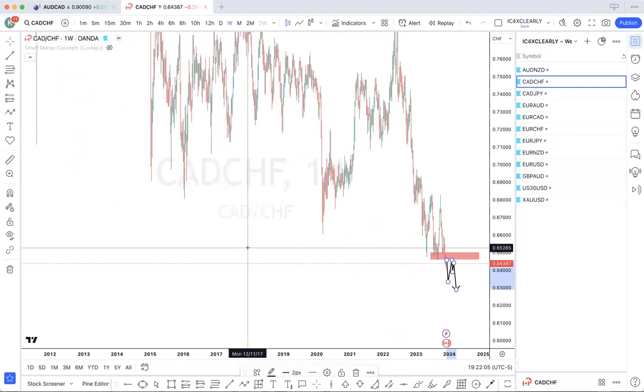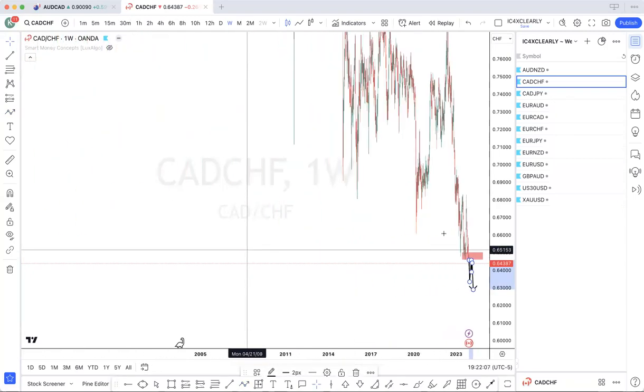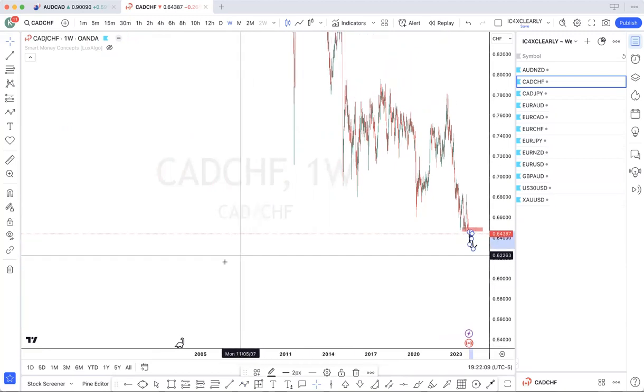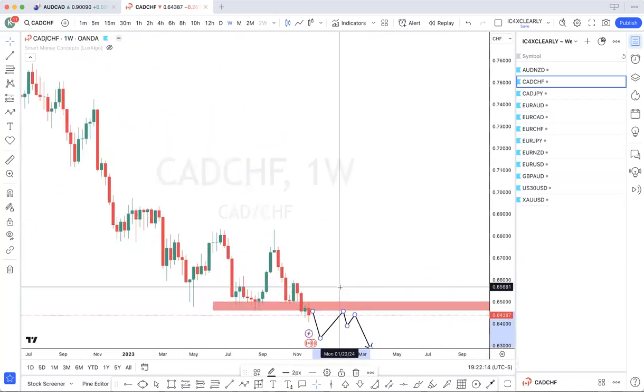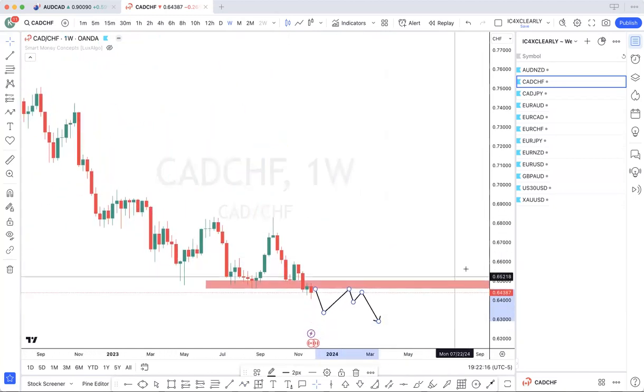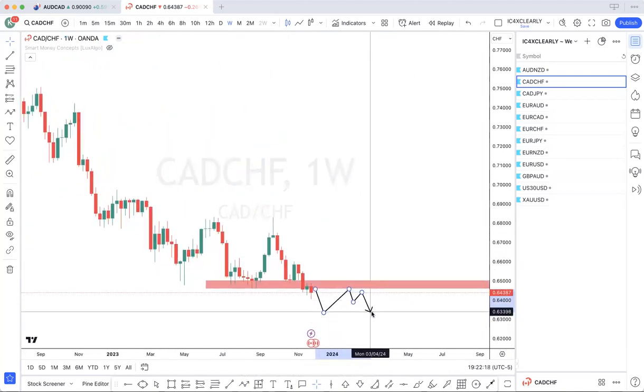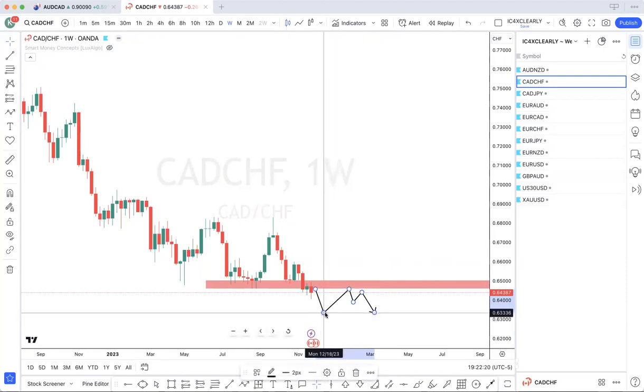Now, because we don't have anything to compare it to or a zone to match it up to, my recommendation would be to sell it to these lows here.